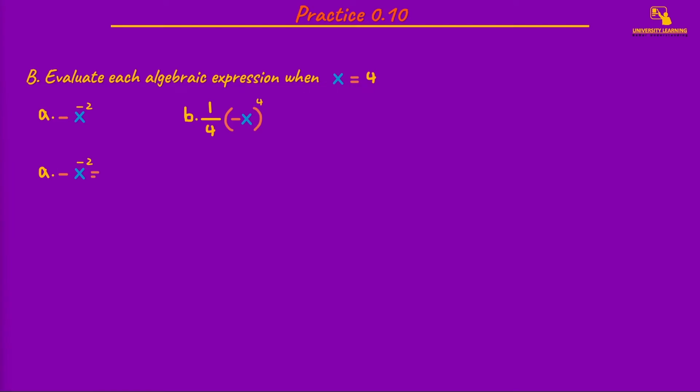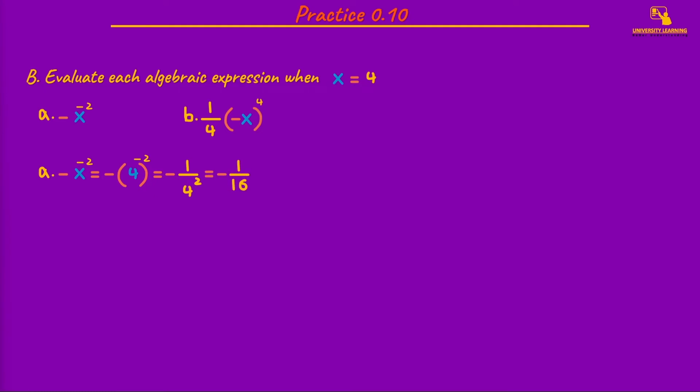We are going to put negative parentheses, then put the number 4 instead of x to the power of negative 2. Since we have a negative exponent, we are going to put the number into the denominator. Now we are going to put negative 1 over 4 squared, and it will result in negative 1 over 16.